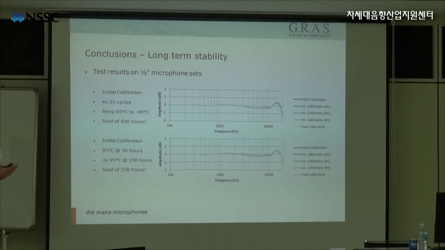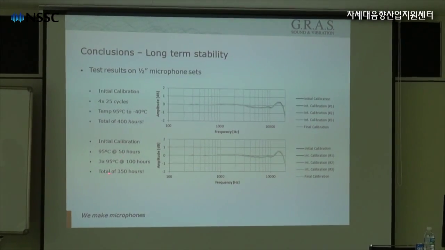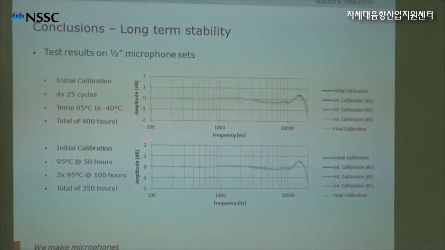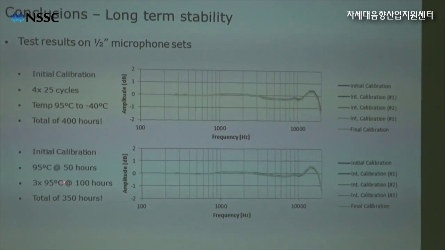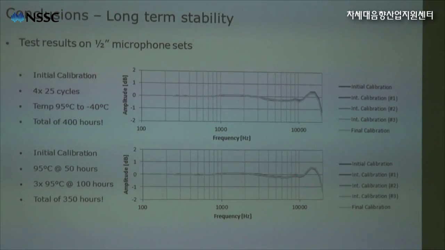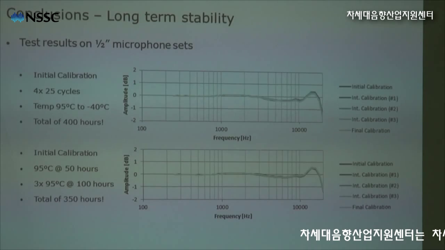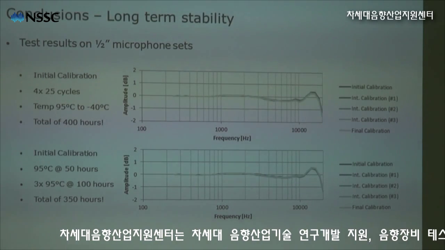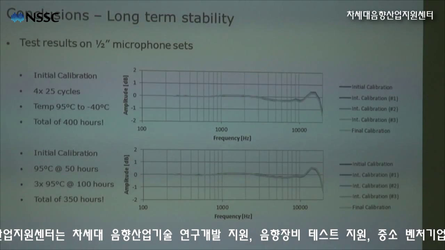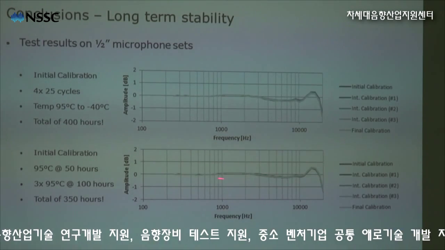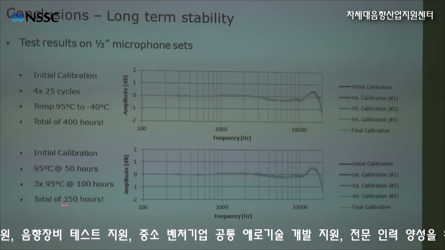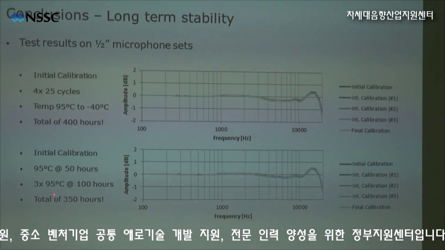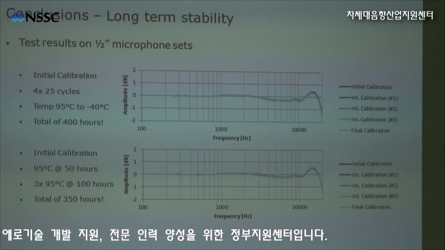If we do the same for the second test with the constant temperature, it's the same result. There's a minimum or a maximum change of around 0.1, maybe 0.2 dB over the full frequency range after being exposed to 95 degrees for 350 hours.